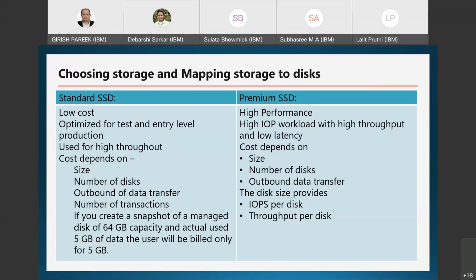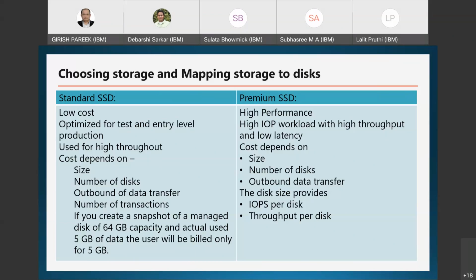Now coming to the premium, it is high performance, for high IOPS workloads with high throughput, and the cost depends on the size, the number of disks, the outbound data transfer, the disk size providing IOPS per disk, and throughput per disk. So where you have higher workload demand and higher performance both, there you use it. IOPS is input output operations.